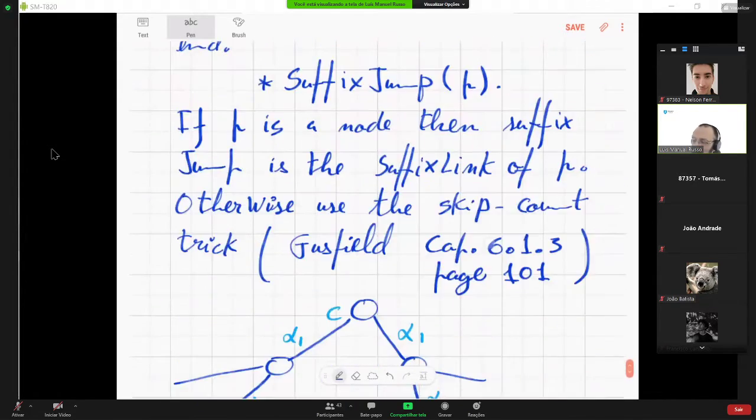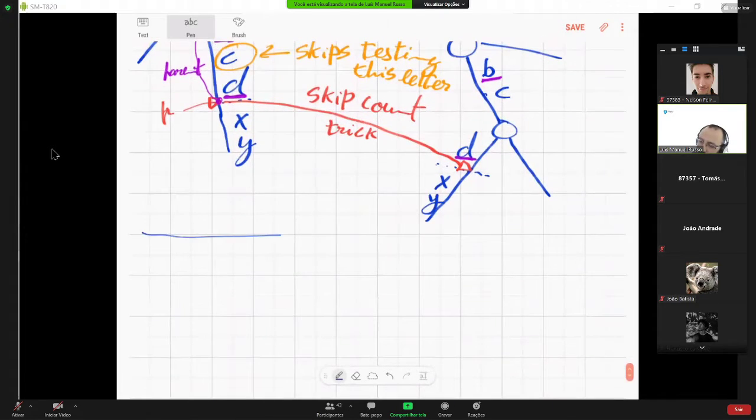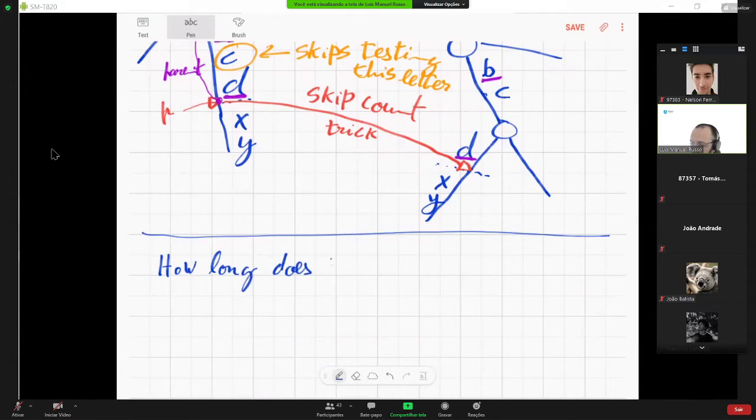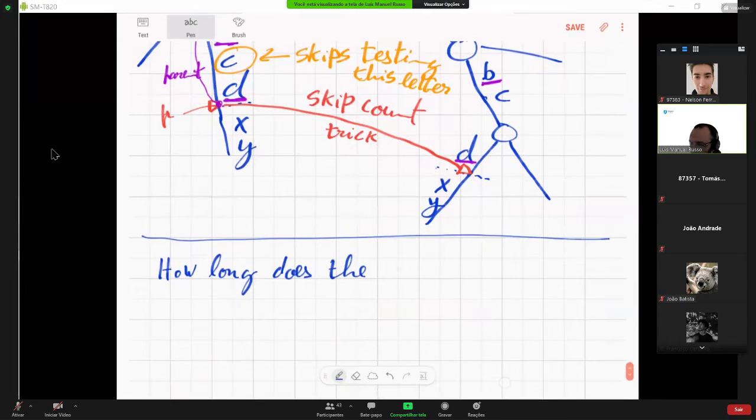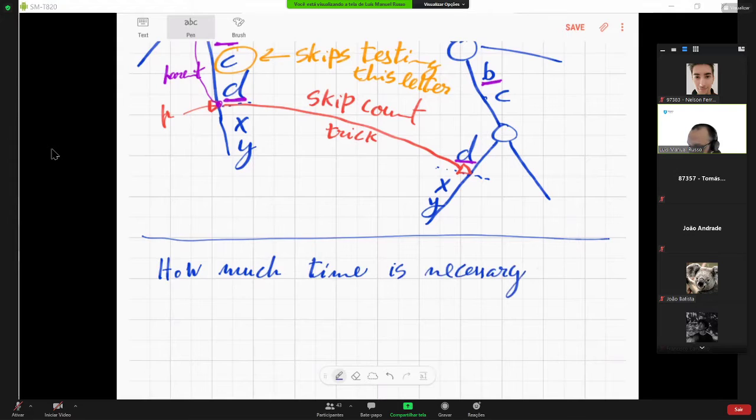How much time is necessary for the LCSS longest common substring algorithm?